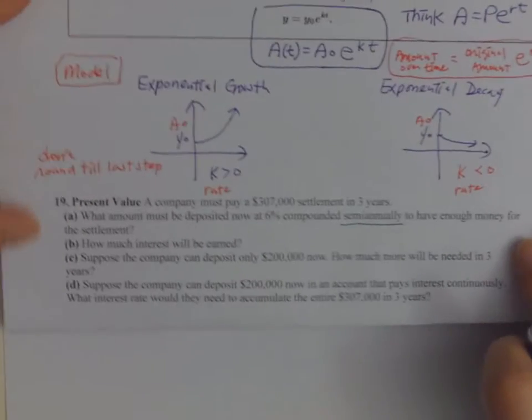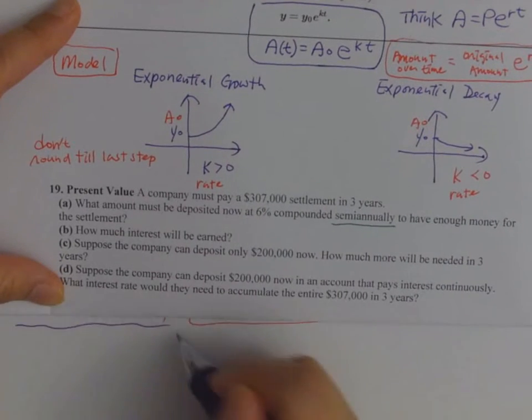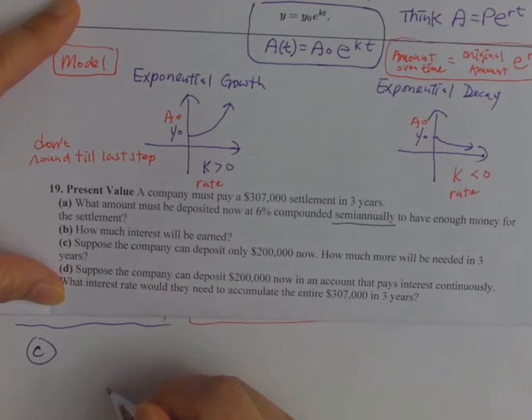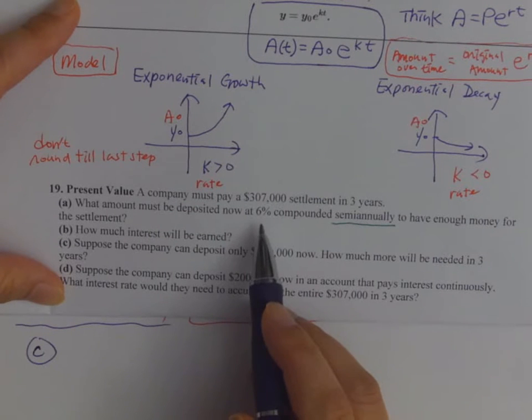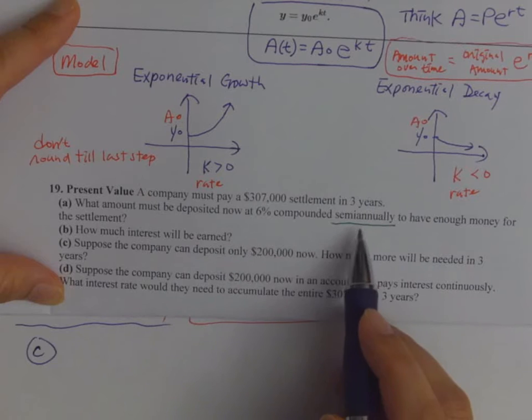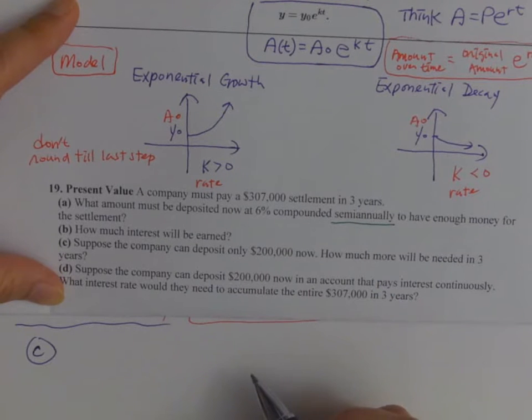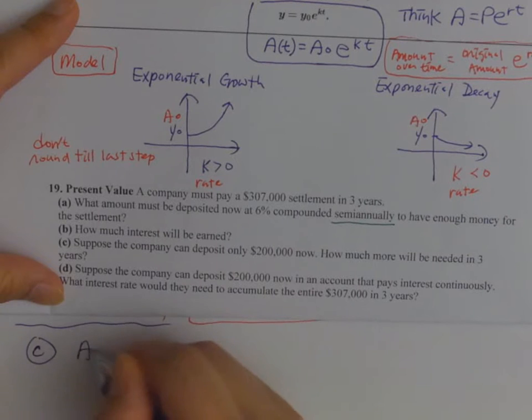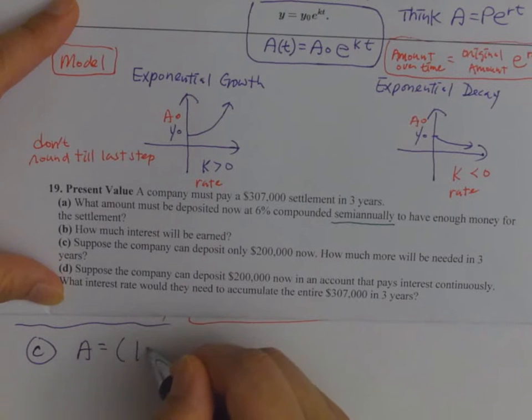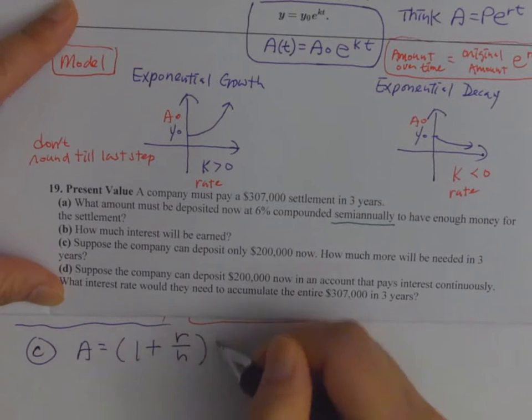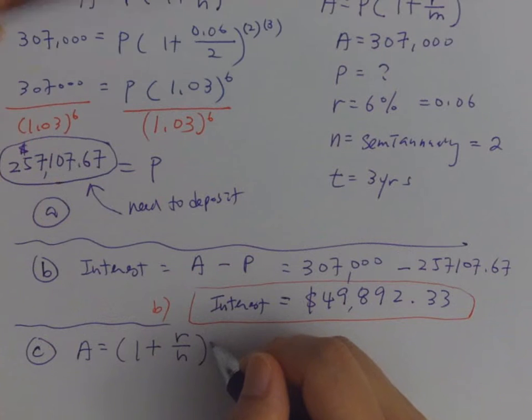So okay. So C says, under the same condition, which is semi-annually 6%, 3 years compounding, right? So I'm going to need to use the same formula, P times 1 plus r over n to the nt.